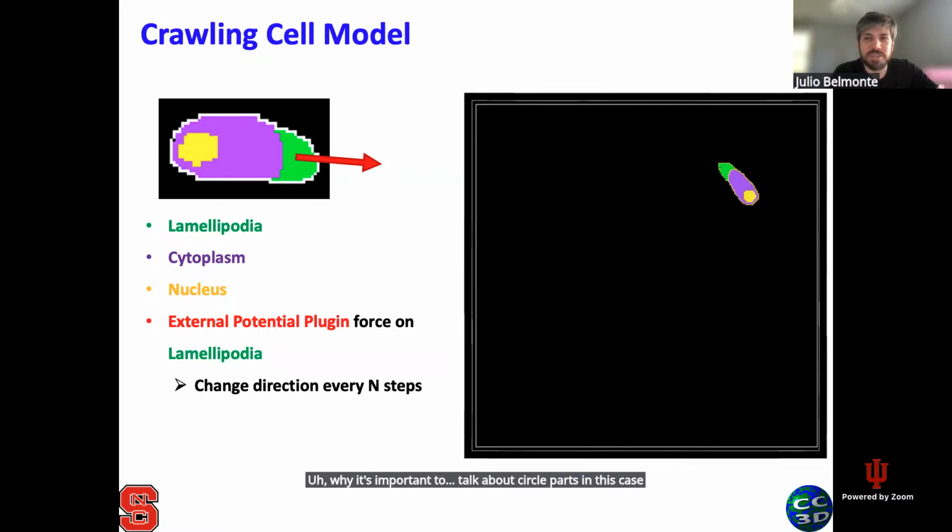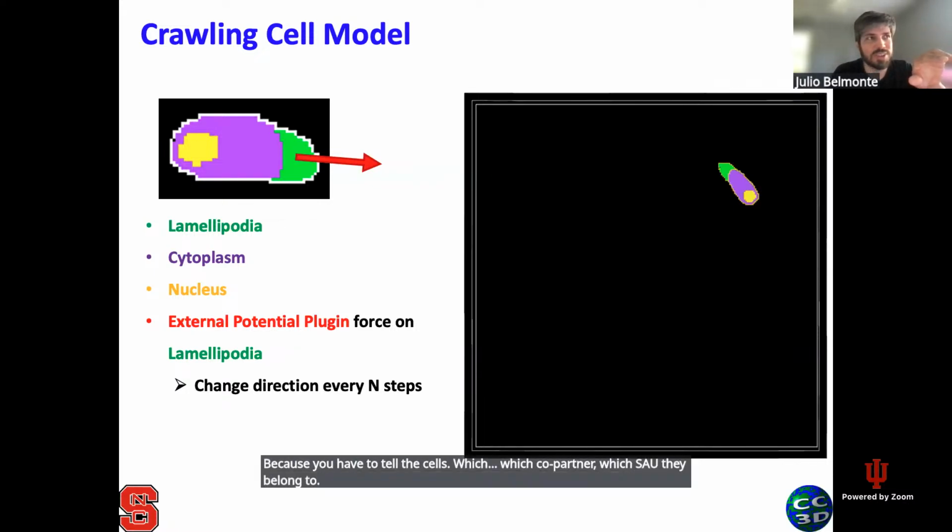The importance of the idea of cell compartments is not just, okay, let's use many different cell types. It is actually something that you have to change internally in your code, because you have to tell the cells which compartment, which cell they belong to.